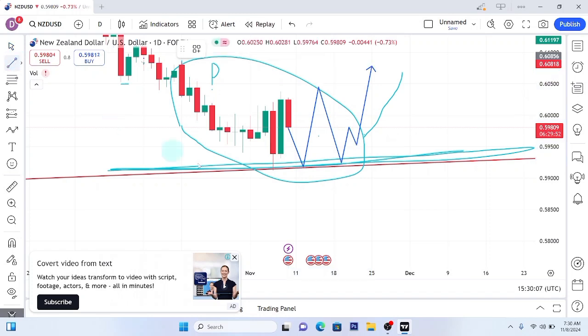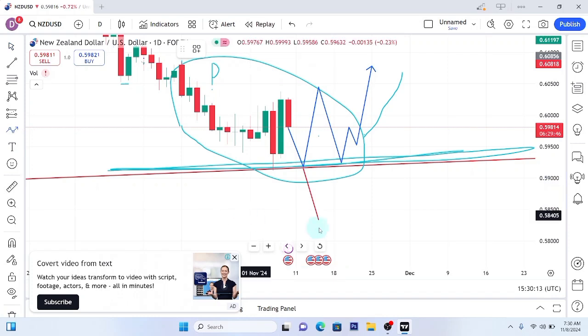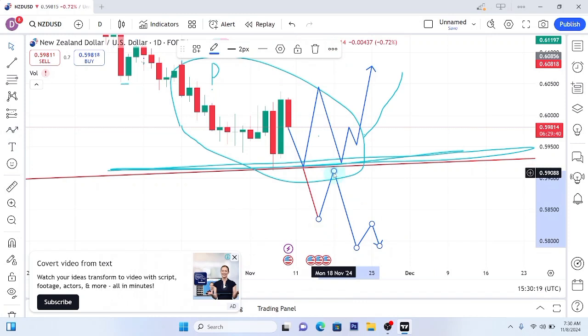Then if it breaks down and retests, you know that we can pick it up from this point here.